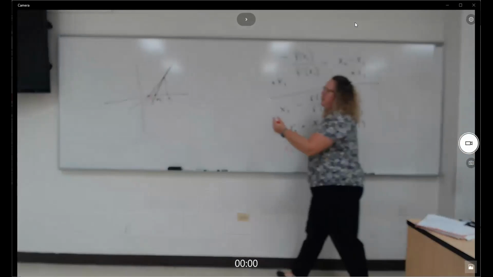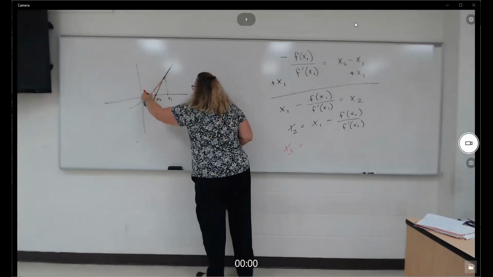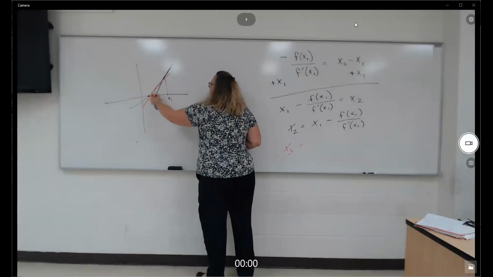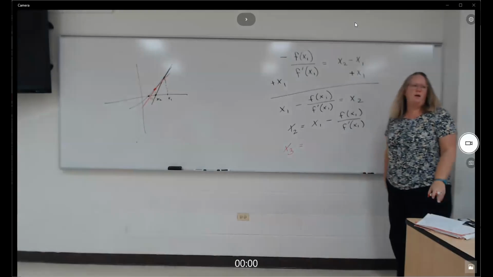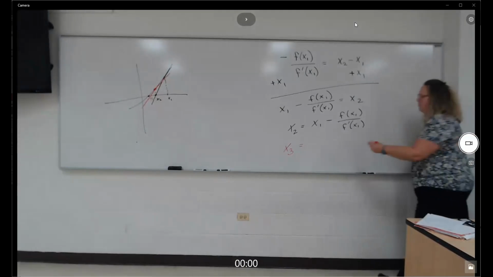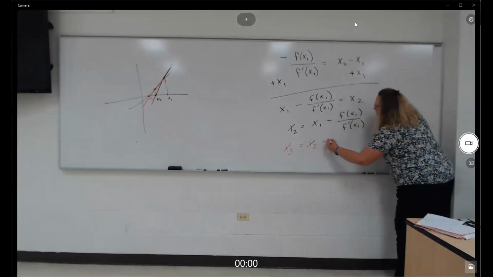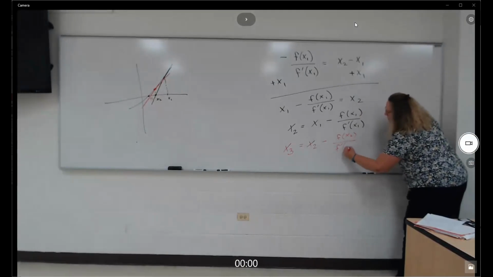What point does this red line start off with? This red line starts off with this point right here, which is x2. So to find x3, I just do x2 minus f of x2 divided by the derivative at x2.